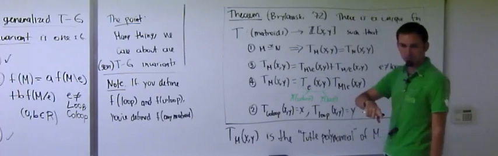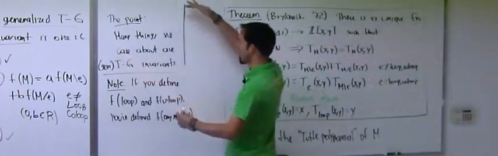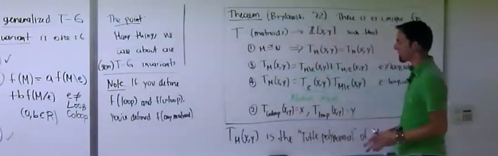Maybe I'll ask you to leave some space in your notes to write maybe this much. However much space that takes you, I'm going to add something to this theorem. So leave space for that.